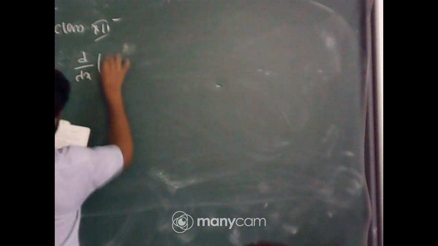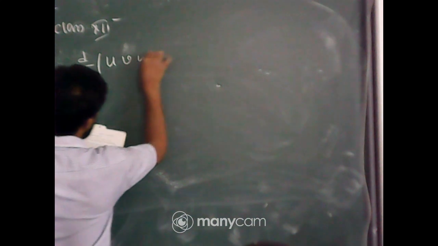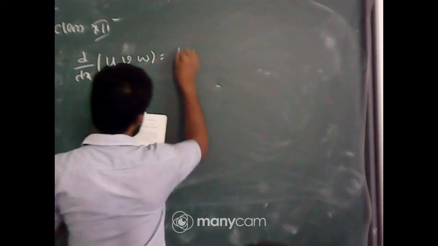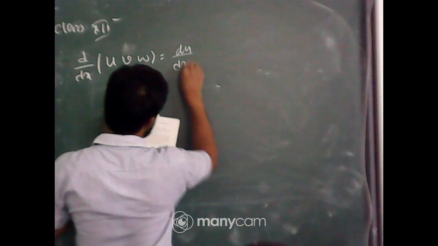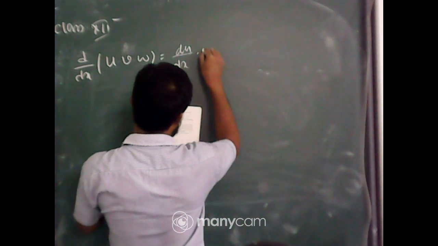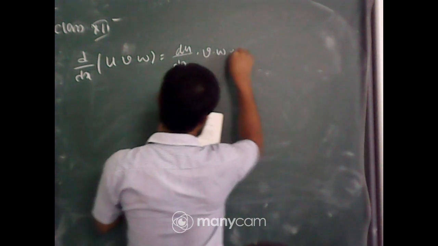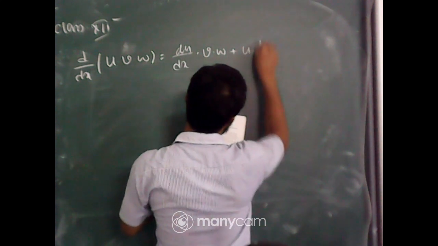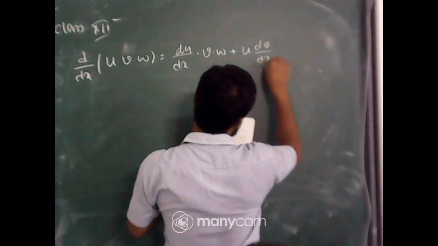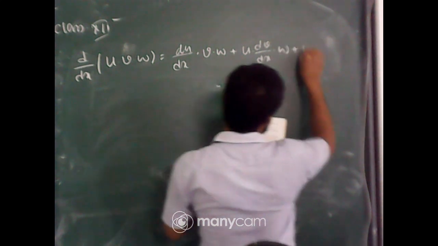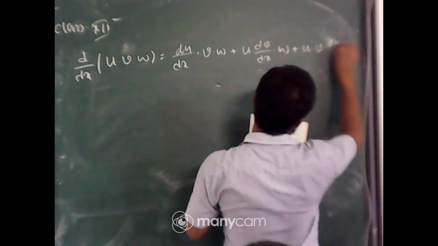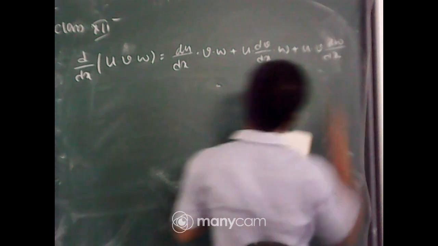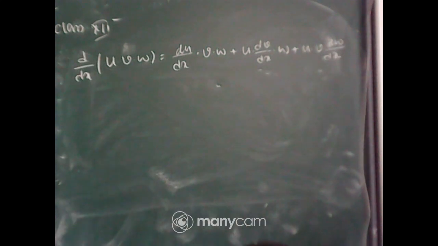So the question is, if u, v and w are functions of x, then d dx of u into v into w is equal to du dx into v into w plus u into dv dx into w plus u into v into dw dx. We will prove this.